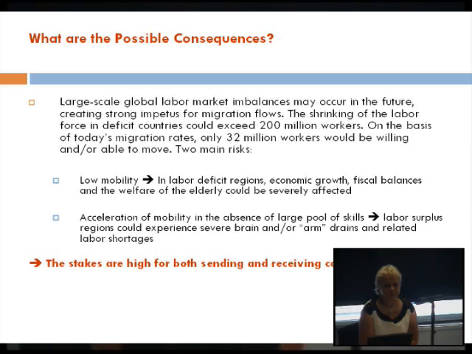There are two possible scenarios. One is that we have low mobility, and we remain at the parameters of today, and as we have seen, only 32 million against a deficit of about 215 million. So what would be the consequences in labor deficit regions?